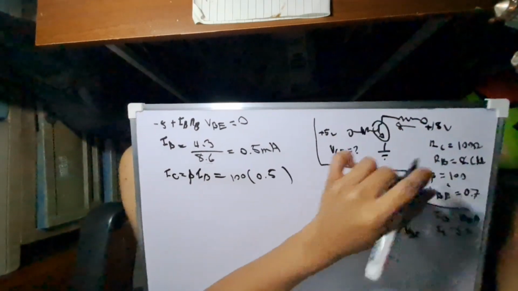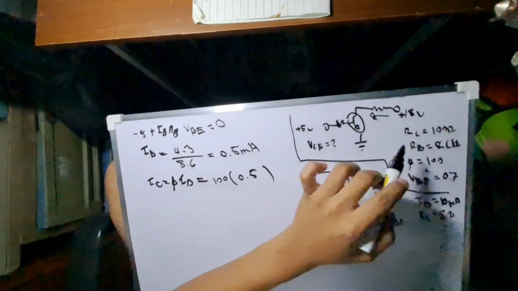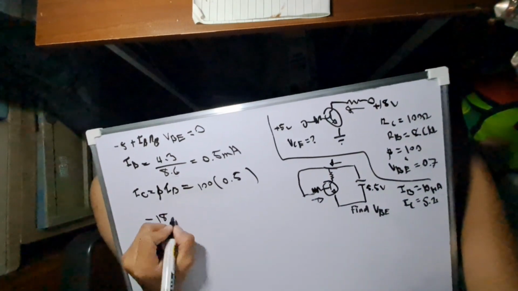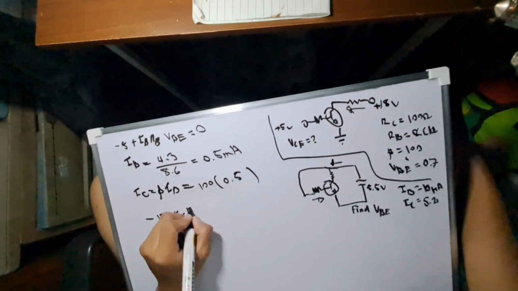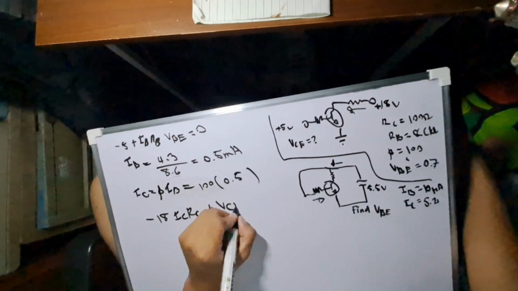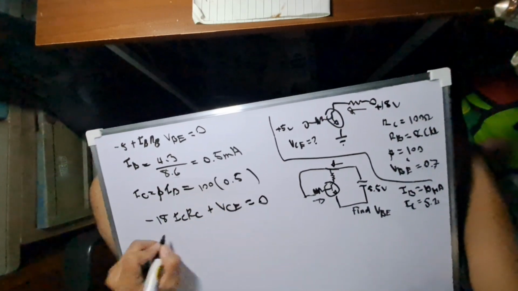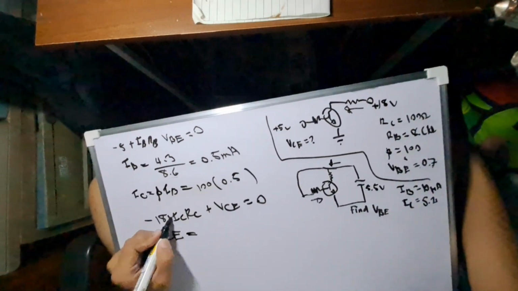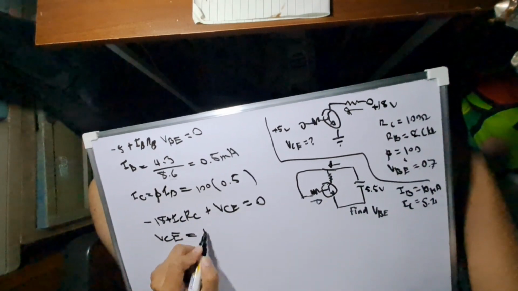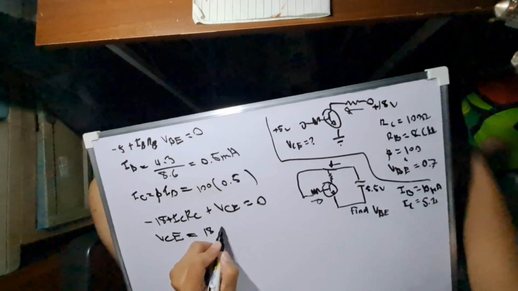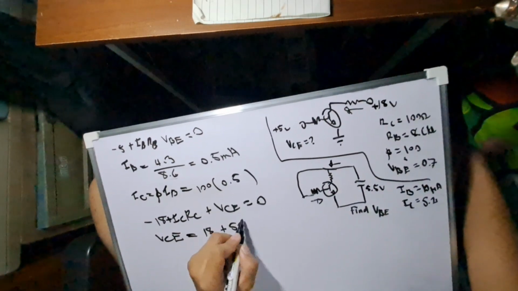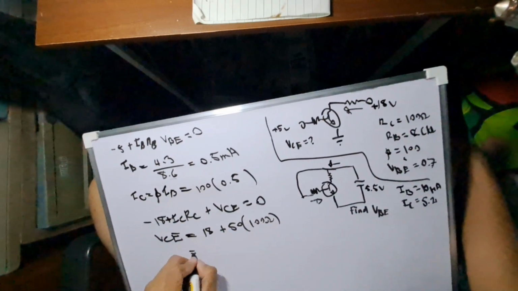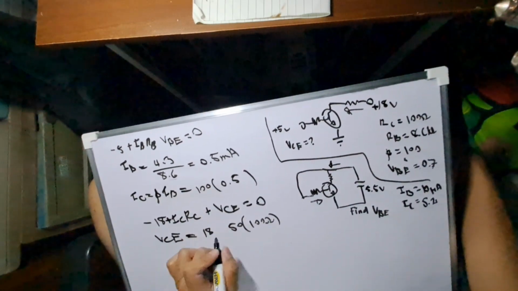So, mag KBL tayo. So, negative IB, IC, RC plus VC is equals to 0. VC is equals to, lipad natin mga yan, plus, so we have 18 plus 50 times 100 ohm. Subtract lang.